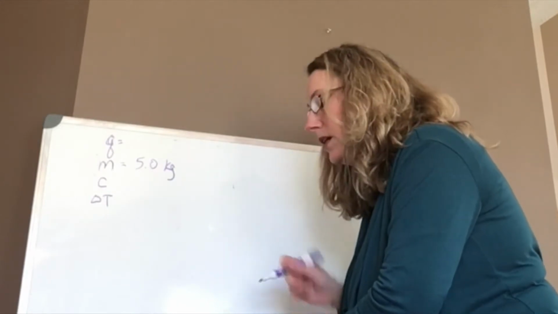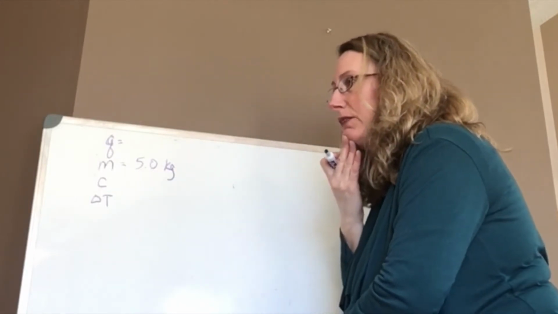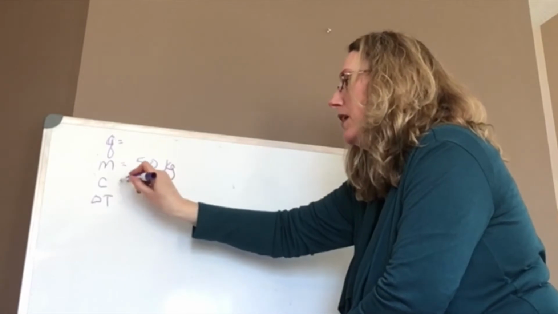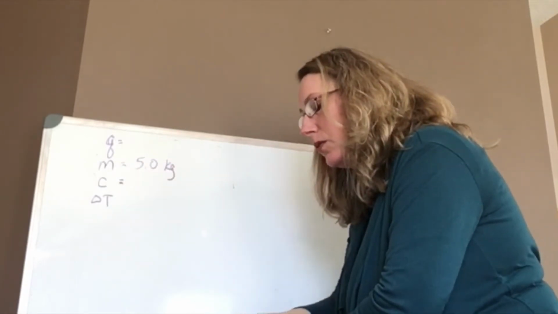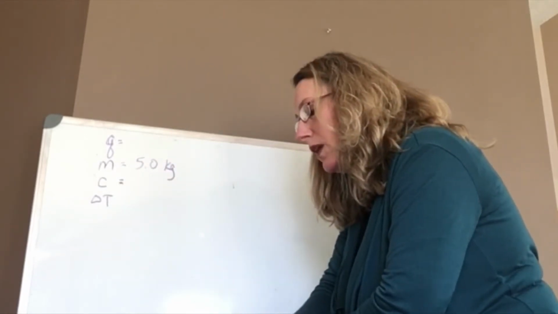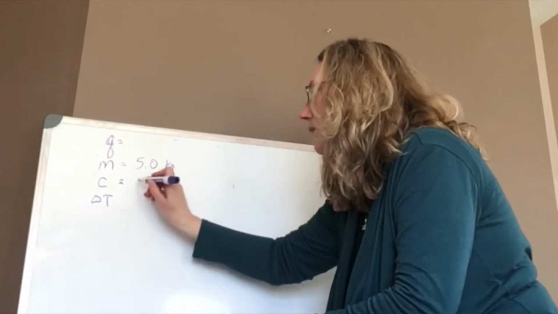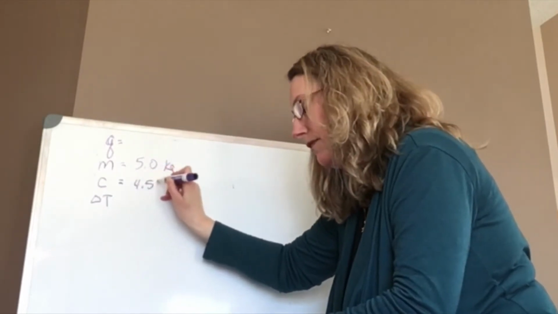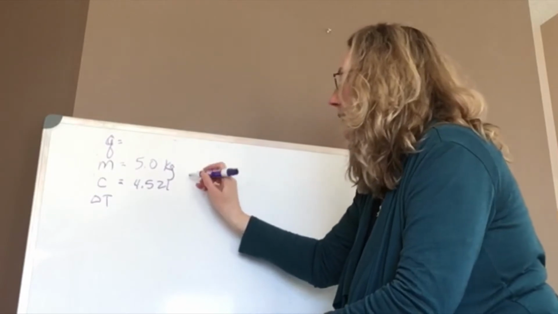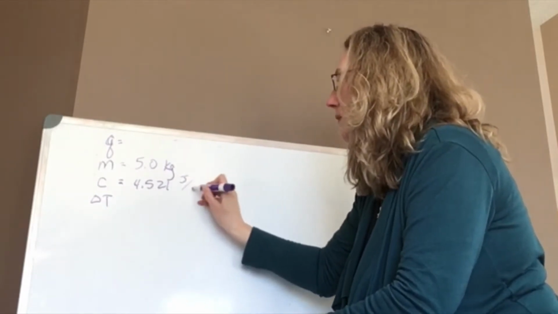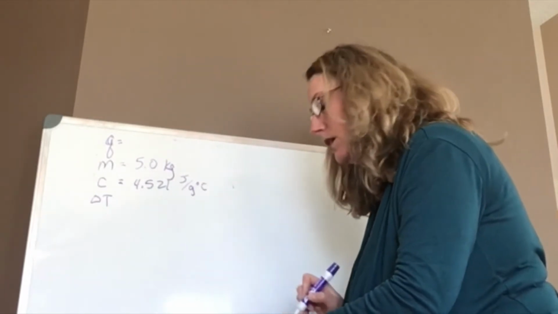Iron skillet, iron means we're probably going to have the specific heat of iron. So we're going to look on table 2.1 to figure out what iron is, and that is 4.521 joules per gram degrees C.